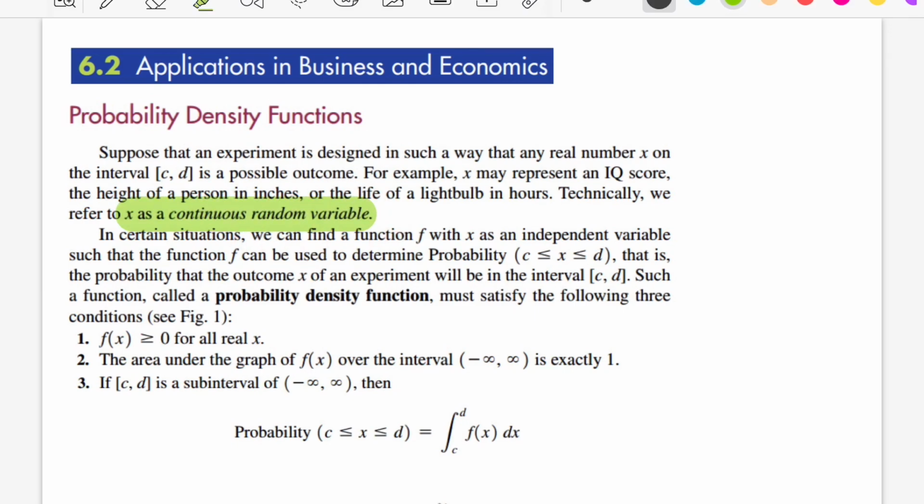In certain situations, we can find some function f with x as an independent variable such that the function f can be used to determine probability here. That's the probability that the outcome x of an experiment will be within this interval here. This type of function is called a probability density function and must satisfy these three conditions here.